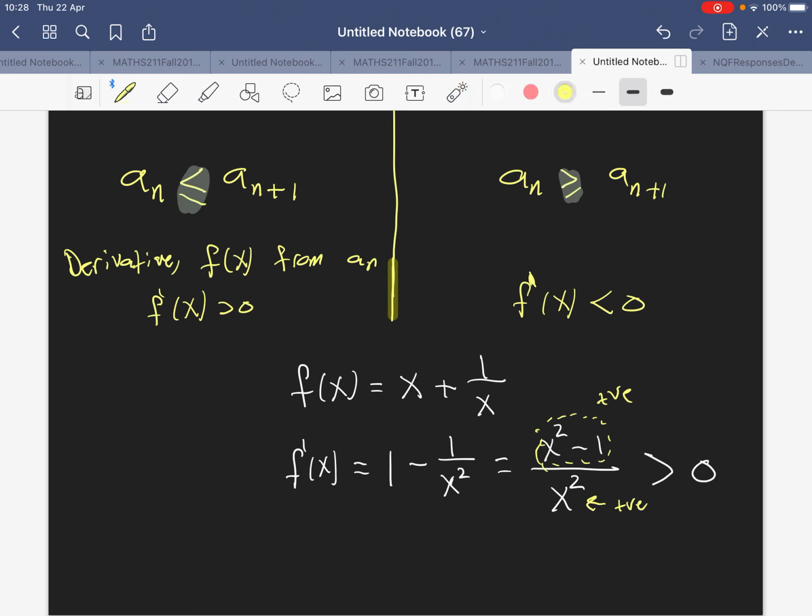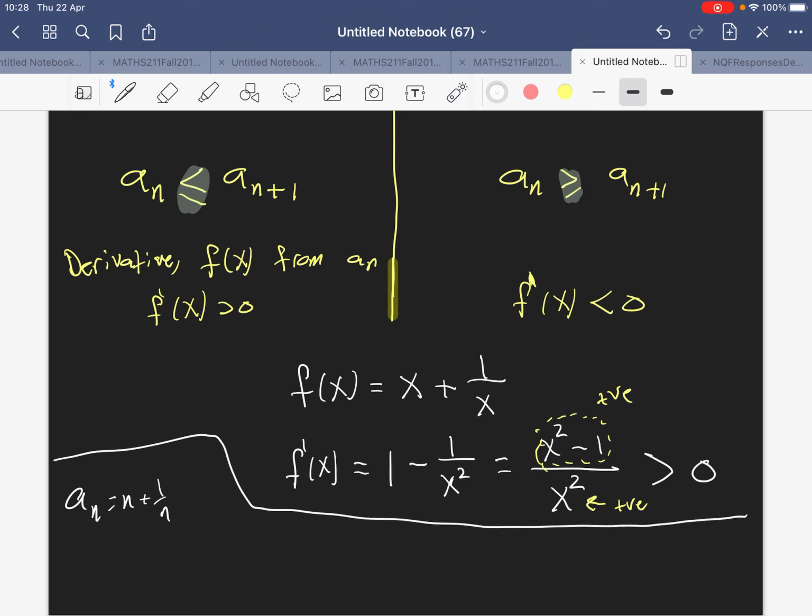So in our example here, my sequence is a_n equals n plus 1 over n. Now if we start writing terms, the first one will be 2. The second one, we substitute n equal to 2. This will be 2 plus a half, so it is 2.5. The third one will be 3 plus 1 over 3, which is about 3.33.